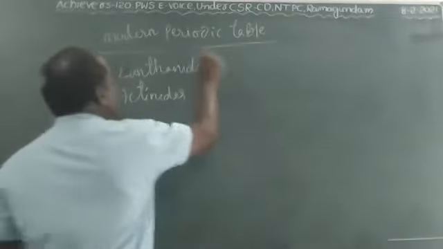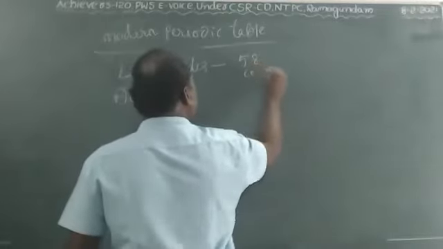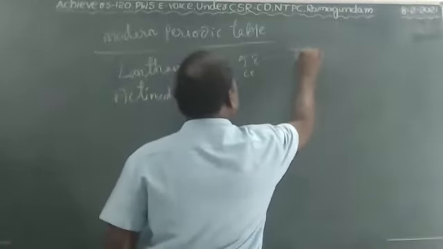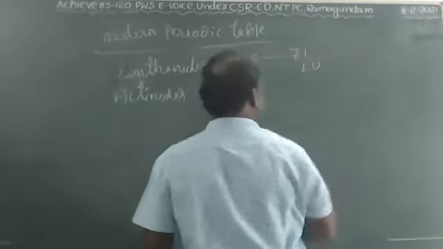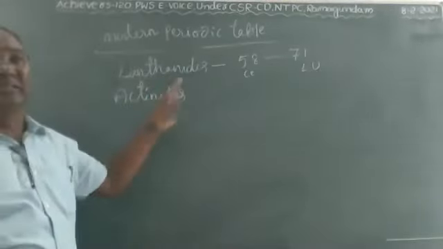Lanthanides are the elements with atomic number 58, called cerium, to 71, called lutetium. Atomic numbers 58 to 71 are called lanthanides. And actinides start from atomic number 90, called thorium, to 103, called lawrencium. Atomic numbers 90 to 103 are called actinides.